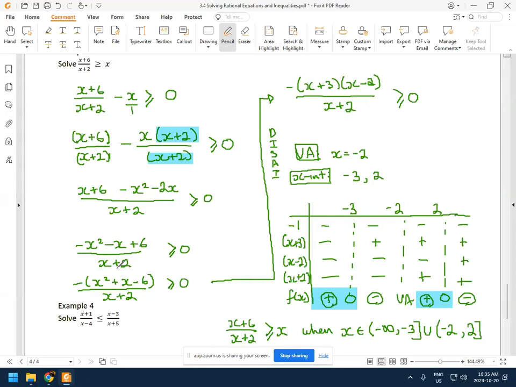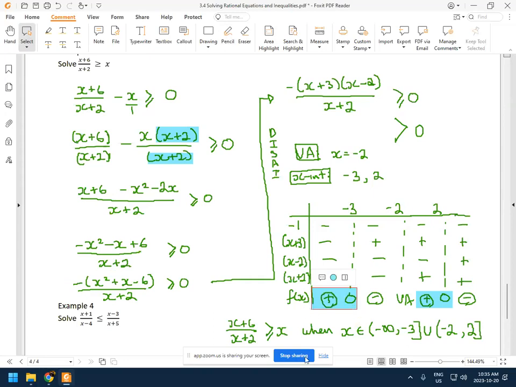Someone had a hand up, Remy? If it's asking when it's just less than 0, not equal to, you would not include the 0. Correct. If it was just less than, then I definitely wouldn't have drawn the x this big.